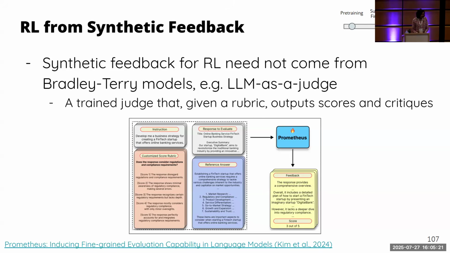In this paper, Prometheus, they train a model through SFT that, given a rubric, a task description, and then a response, produces a score for that response according to this rubric. This method was designed for evaluation, but it can also be used for supervising RL. Interestingly enough, this model was itself trained on synthetic SFT data. So it's kind of synthetic data all the way down.